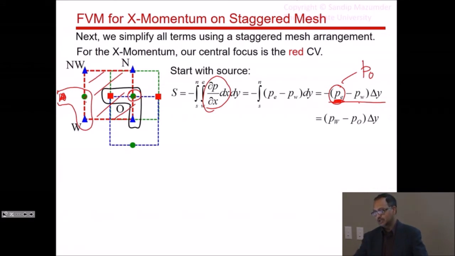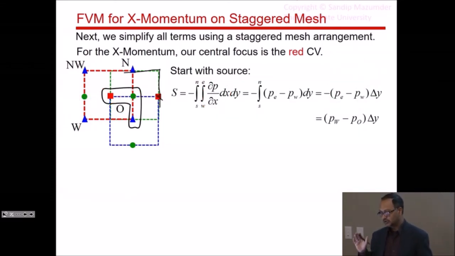I've marked this one by west. I didn't write it here, but that's my western dog's leg. So really this is P naught, and then this guy is P capital west. And of course, I factored in the negative sign, so you get P west minus P naught times delta y. Again, like I was saying before, no interpolation necessary.